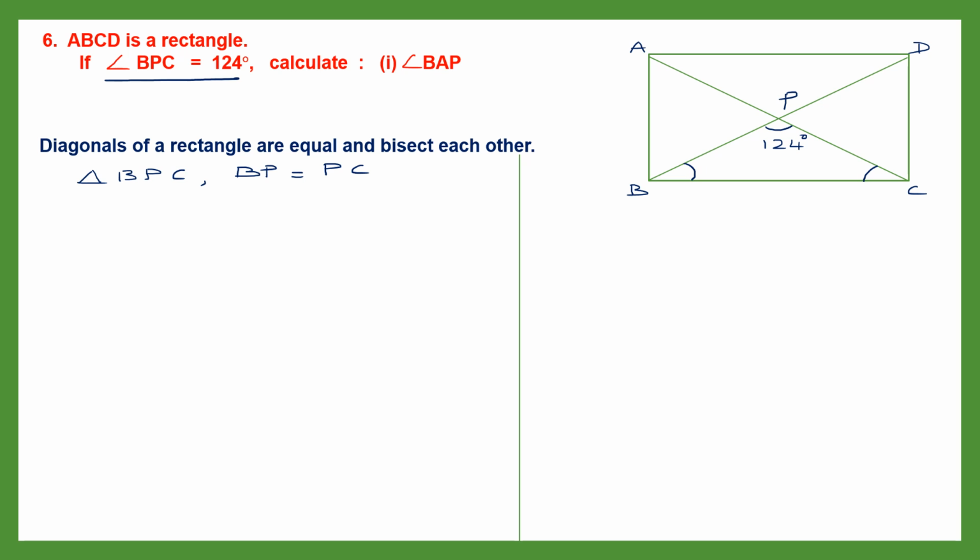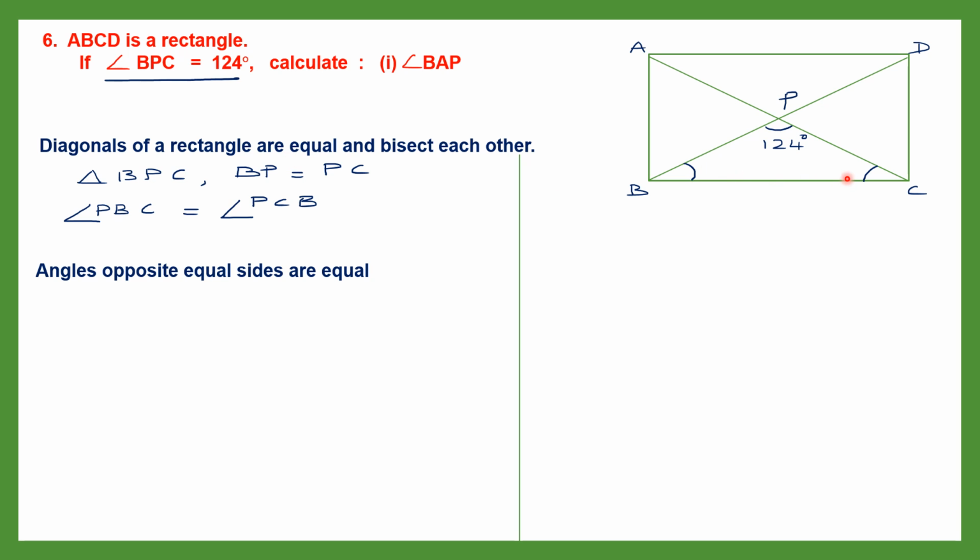So if that is equal to each other, then we can say angle PBC is equal to angle PCB. And what is the reason? The reason is angles opposite equal sides are equal. So this becomes an isosceles triangle. These are equal sides and the angles opposite that are equal. So angles opposite equal sides are equal.